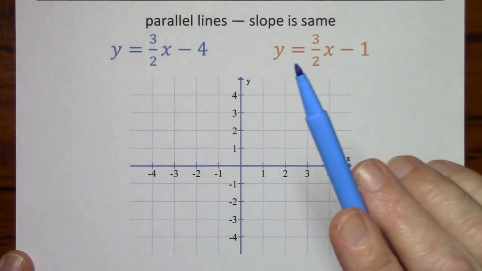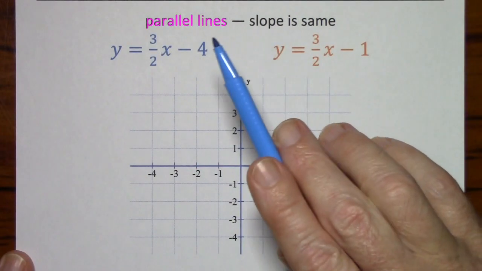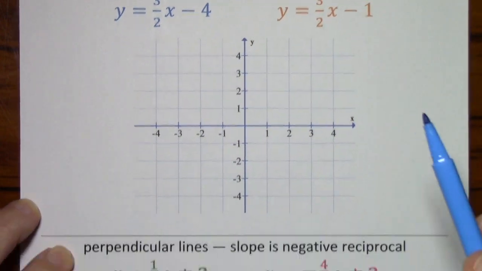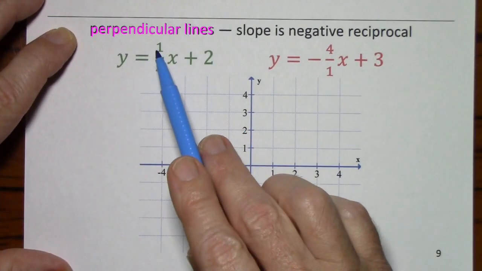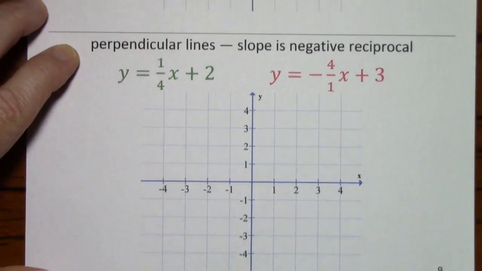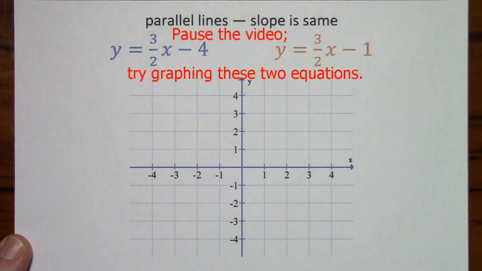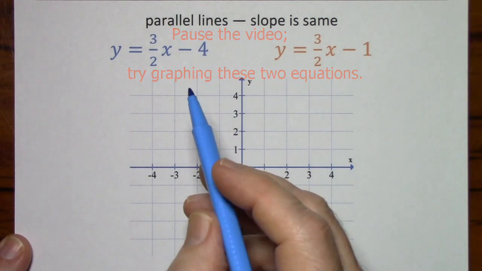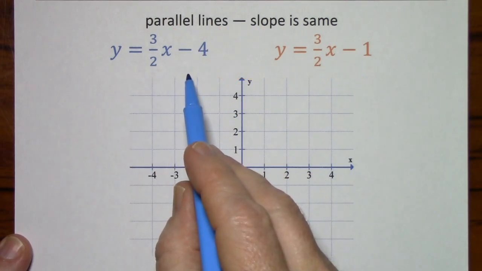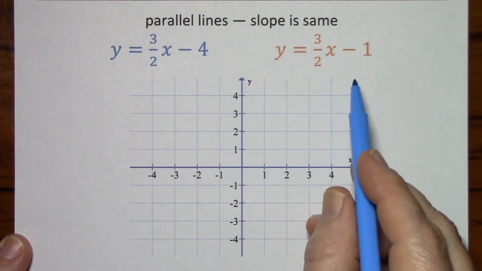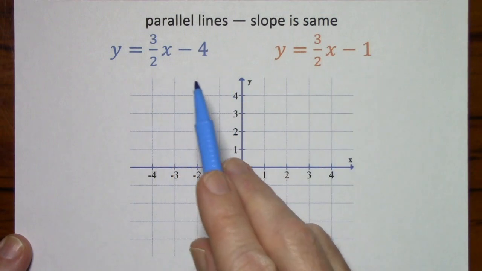The last 2 things that we have to talk about with slope are parallel lines and perpendicular lines. I'll go ahead and graph this equation and this equation, and then we'll talk about parallel lines.